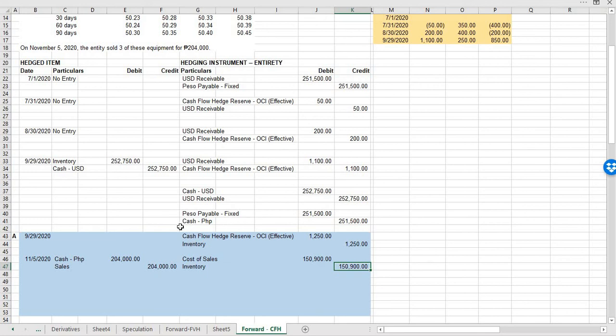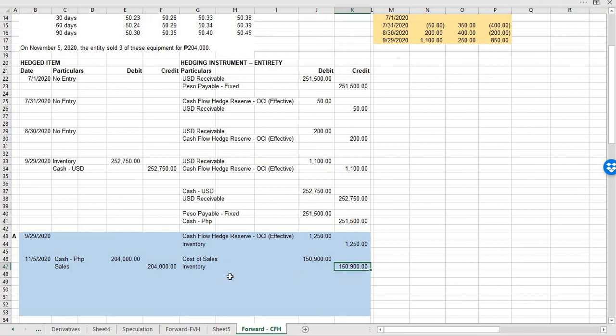Iisang libro lang to. Ito yung libro ng entity, which also applies to all our previous discussions on forward contract. So, kung meron tayong hedge item, tapos merong hedging instrument, iisang libro lang yon. Libro yon ng company. Hinihiwalay lang natin yung entries for the hedge item and the hedging instrument para mas maintindihan natin yung difference ng accounting treatment sa dalawa. Pero essentially, iisang libro lang yan.